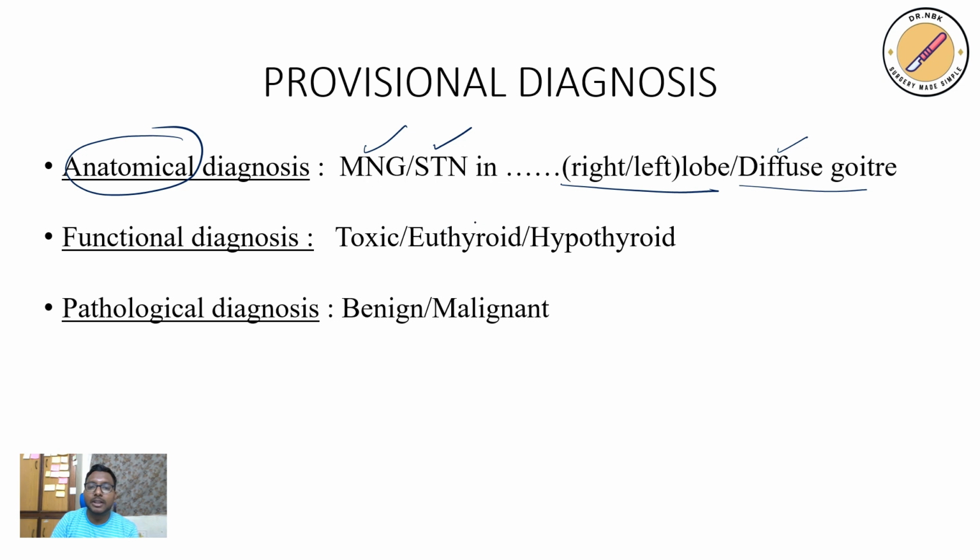Then functional diagnosis: whether the patient is euthyroid, based only on history and examination findings, or in hyperthyroidism or hypothyroidism. Then probably whether it is a benign or malignant condition. Let me give you an example. My provisional diagnosis is a solitary thyroid nodule in the right lobe of the thyroid, clinically euthyroid, probably a benign condition. That is how you should describe the provisional diagnosis of the patient, right?